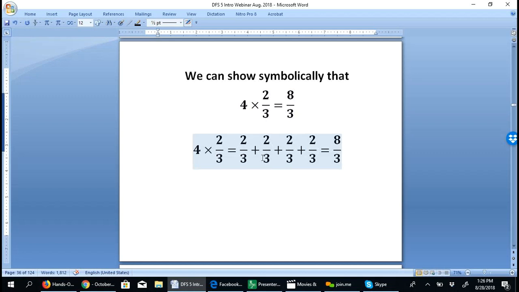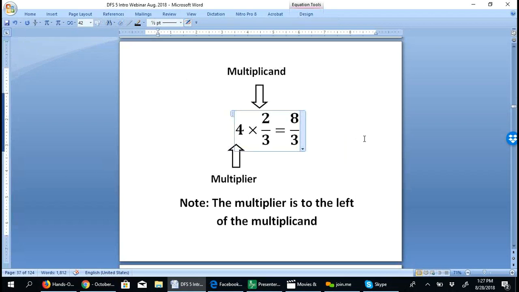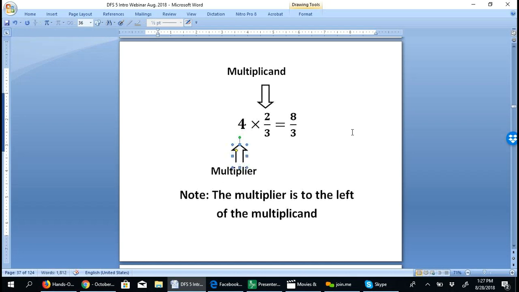And in the 4th grade, we've learned how to add fractions with a common denominator, so the answer is 8/3. So again, in a problem such as 4 times 2/3, the multiplicand is 2/3, and the multiplier is the 4.